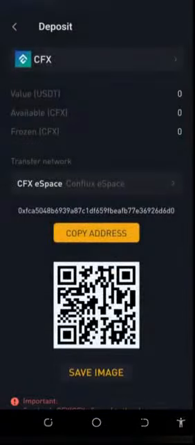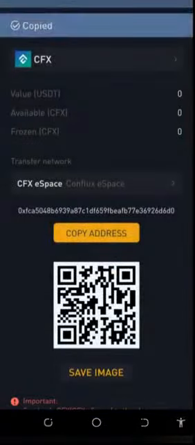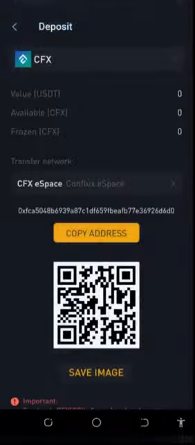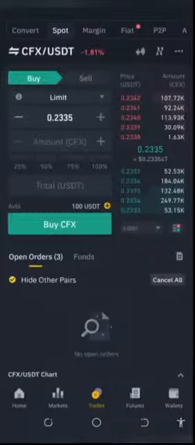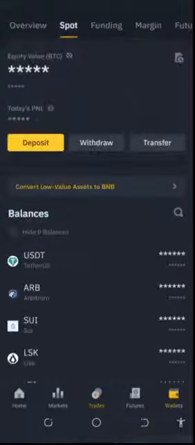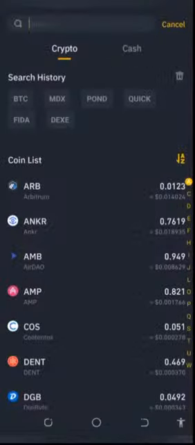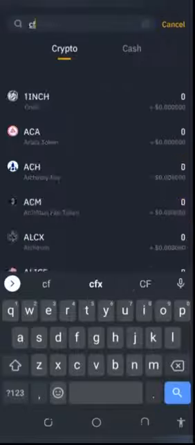I'm going to do a little test to be sure because I'm not even sure which one. I'm just copying this address. Well, but before I copy it, let me go and check. Now, what we saw here was Conflux eSpace. So for us to withdraw this, let's just look for Conflux, CFX.